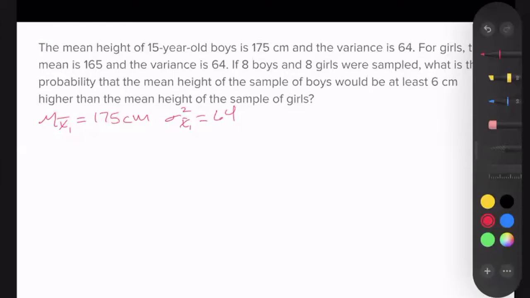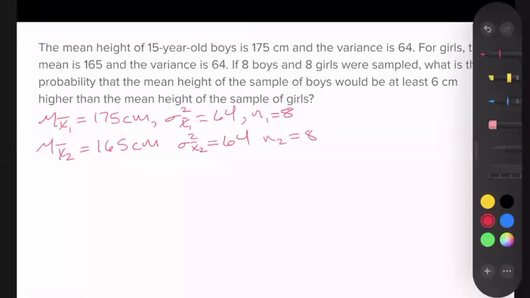Remember, variance is just standard deviation squared. For girls, the mean is 165 centimeters and the variance is 64. Okay, 8 boys and 8 girls are sampled, so we're going to say n sub 1 is 8, and n sub 2 is 8.